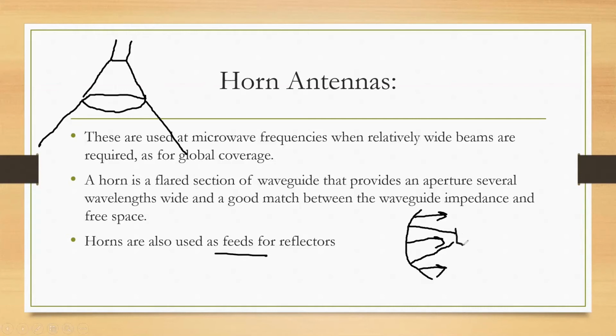But if we feed the signal to this through a horn antenna, the whole surface is covered and the efficiency is improved. So sometimes rather than using a curved surface alone, we also use the feed antenna to illuminate the whole surface so that the efficiency is increased.